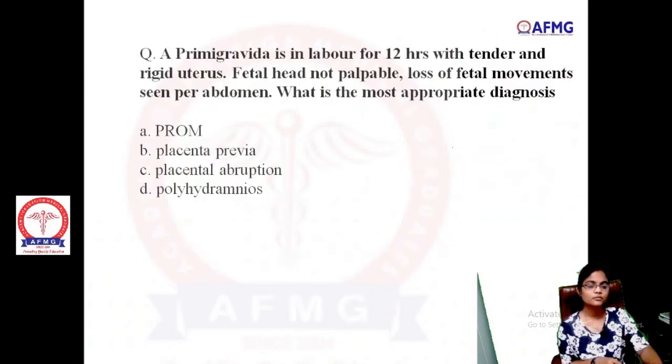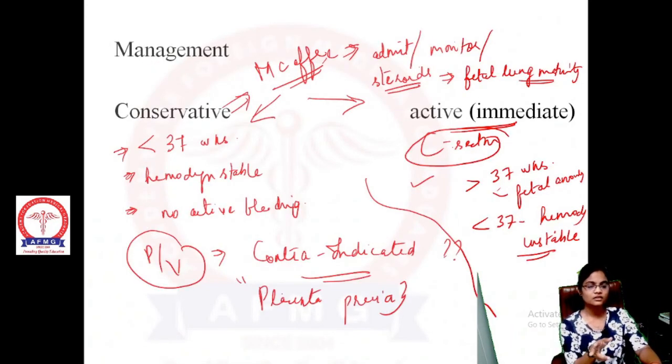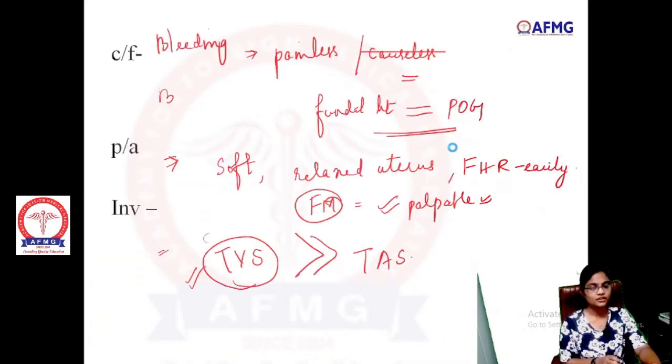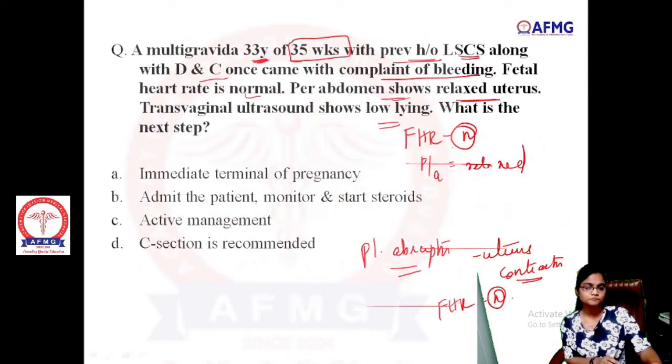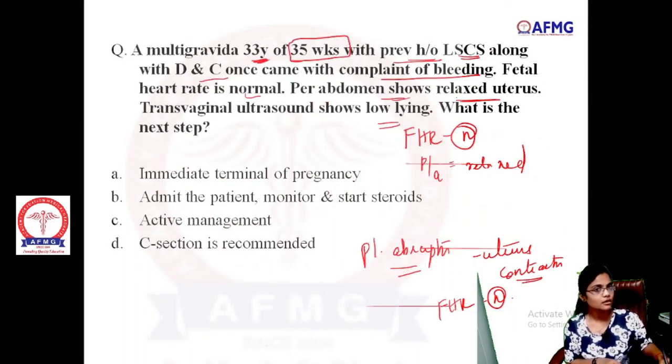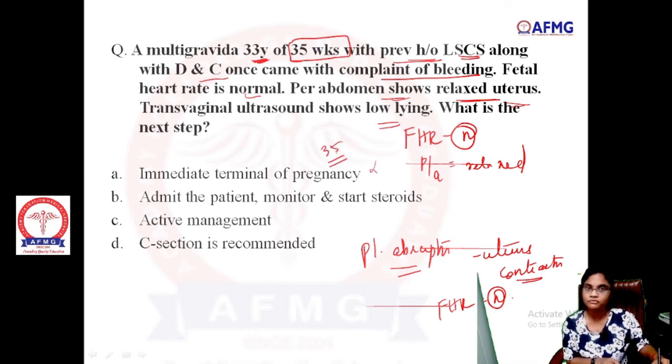So this is the management which you have to give a patient, whether conservative or immediate active management. So you can see the question again. She has a complaint of bleeding and D&C before, and a previous history of LSCS, with a relaxed uterus. These are all clues which show we cannot do immediate termination of pregnancy as she is 35 weeks with no fetal anomalies.